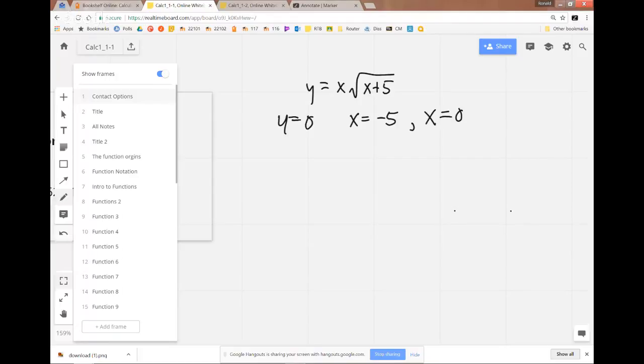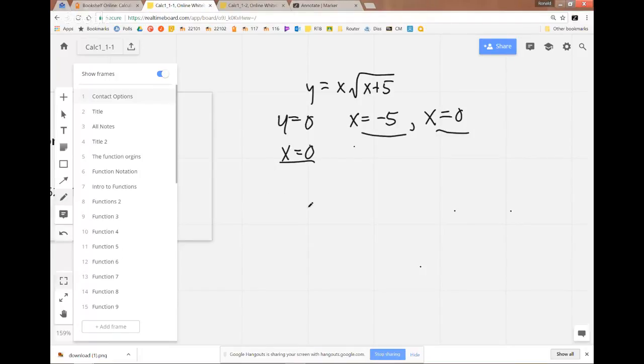So that would be what would happen when we have x intercepts. And then when x equals 0, basically we have 3 intercepts.